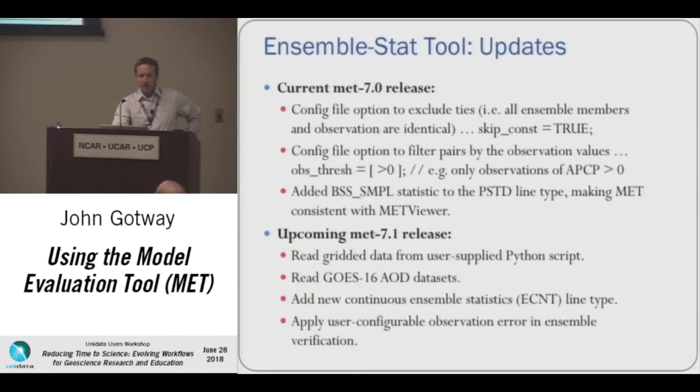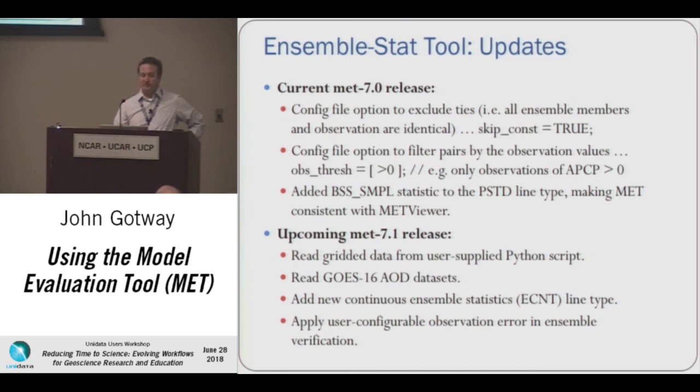So what are some recent updates? In MET version 7.0, which is the currently available release, we added some config file options in ensemble stat, one called skip constant equals true. So basically, if you're evaluating precip, you may want to look at all the points where everything's 0, which happens a lot, and just discard them from your analysis.